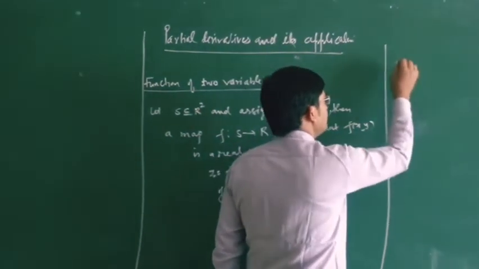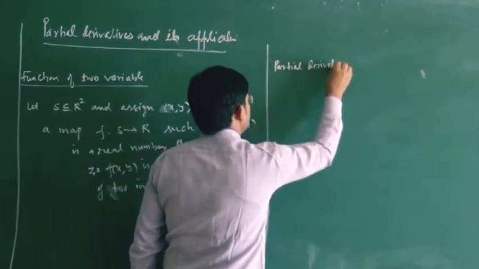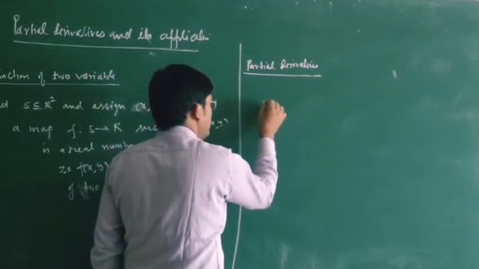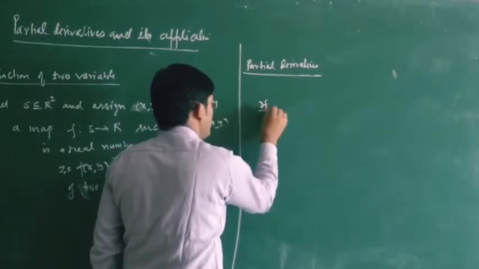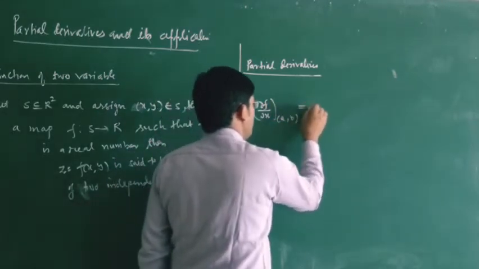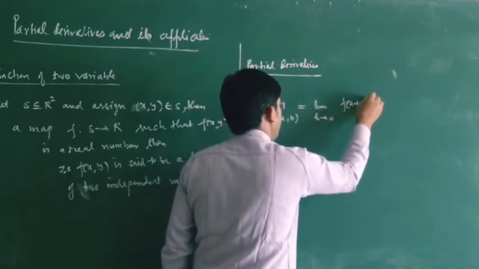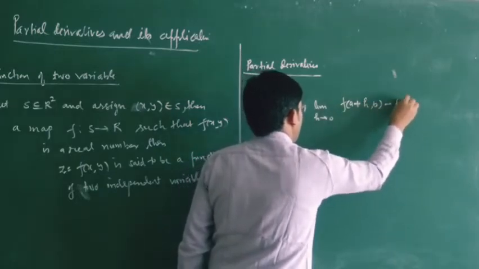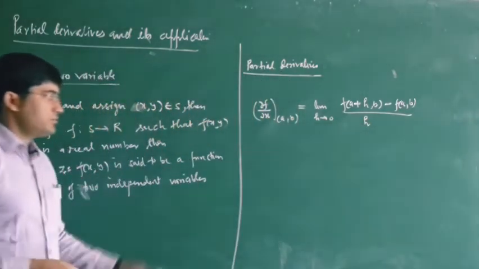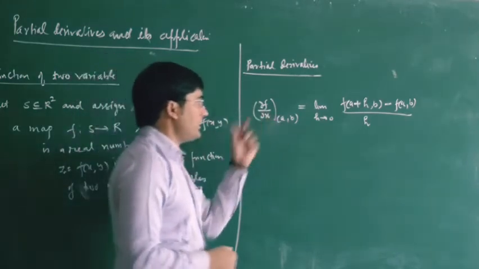Then let us define partial derivatives. The partial derivative of z, or you can say f, with respect to x at some point (a, b) is equal to limit h tends to 0, f of (a plus h, b) minus f of (a, b) upon h. This is known as the partial derivative of f with respect to x at some point (a, b).